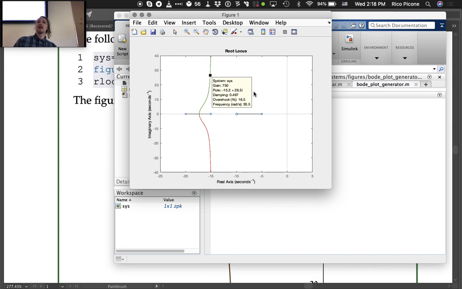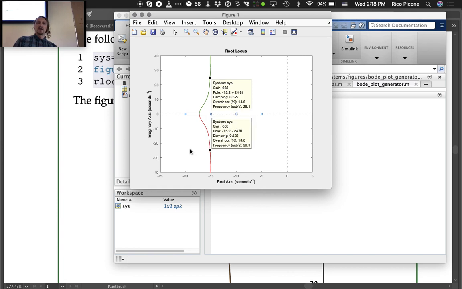So gain of 750 at this point, gain of 665 at this point. That's saying we computed the closed loop pole locations using a gain of 665, and this was one of them. There's also going to be another one that corresponds to that down here.